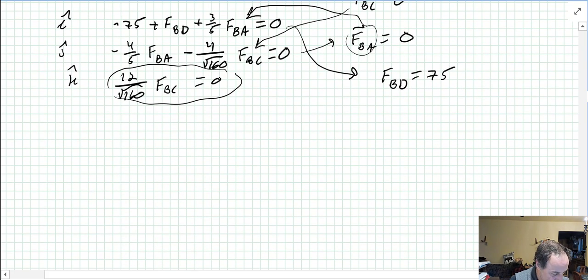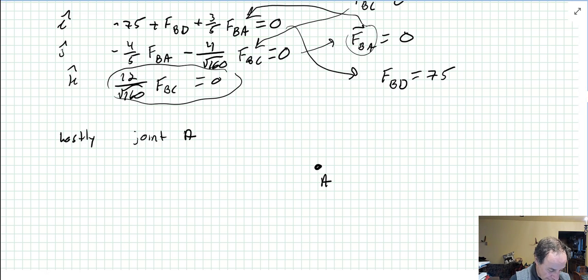All right, almost done. Lastly, joint A. So we got a bunch of forces.